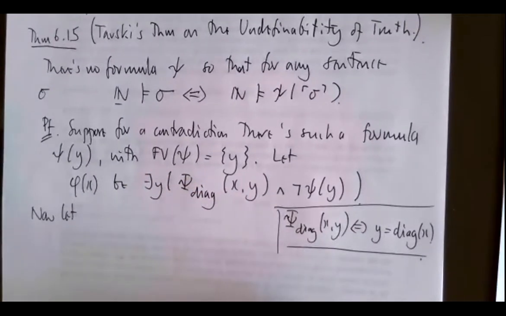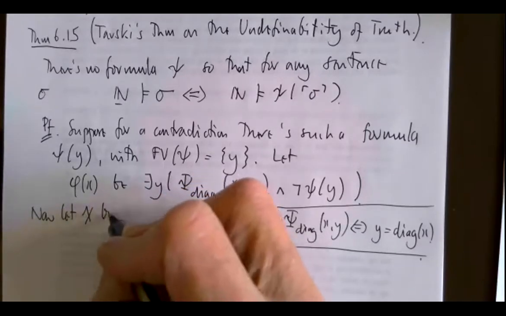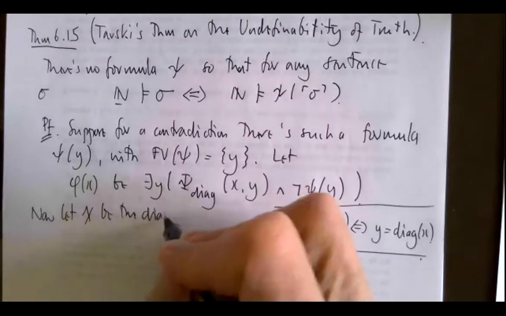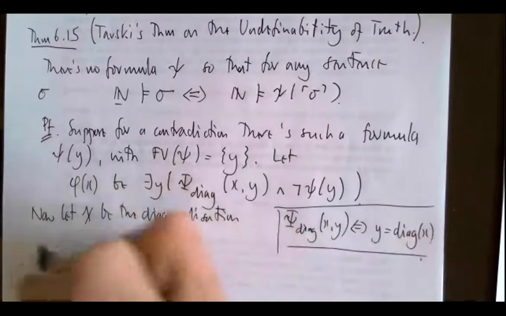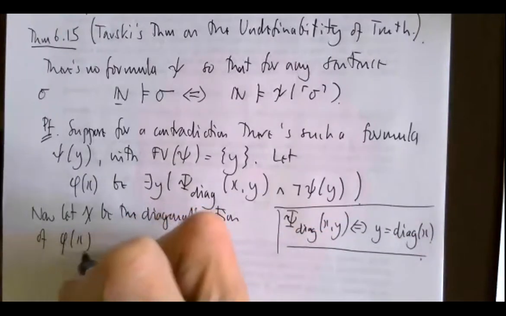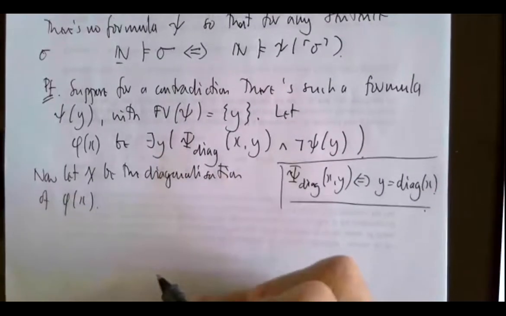And now we build on this again, right? We let chi be the diagonalization of phi of x.